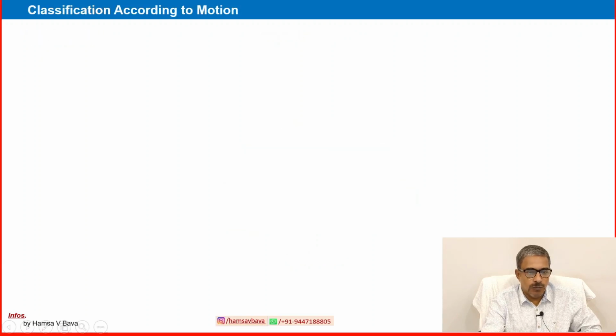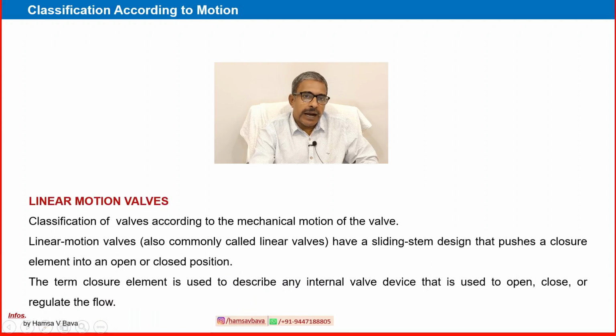Classification according to motion. Another two types of valve classification are linear and rotary motion, so we will see how valves are classified in that category. Classification of valves according to the mechanical motion of the valve.